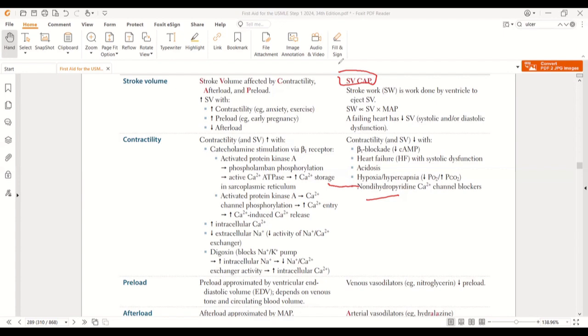And the stroke volume basically includes the contractility. So how much blood the left ventricle receives, and the heart's ability to pump out that blood that it has received. Okay, so that's what I was saying.